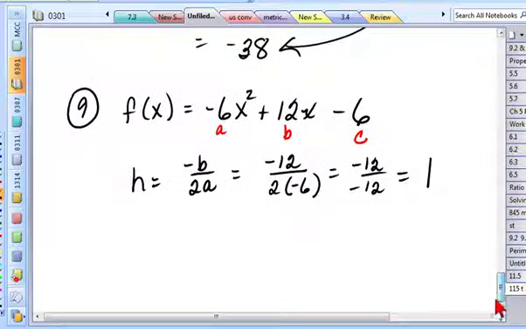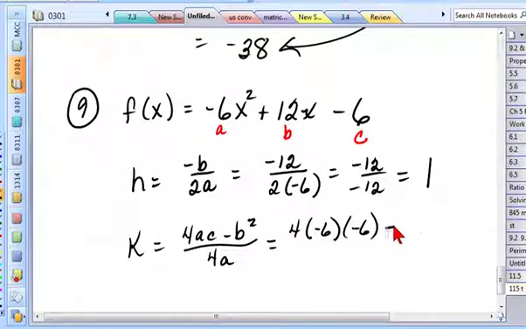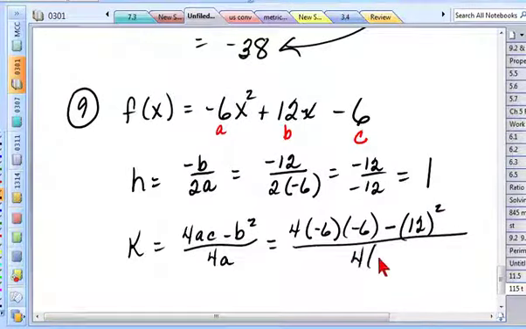There are 2 different ways you could get k. One way is the formula, 4ac minus b squared all over 4a, which is 4 times -6, which is a, times -6, which is c, minus 12, I'll put it in parentheses, squared, all of that over 4 times -6.